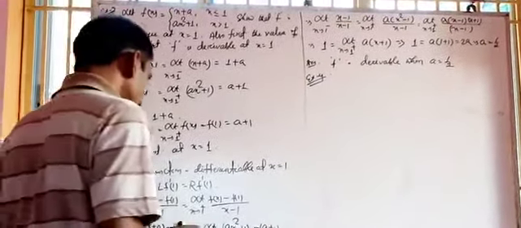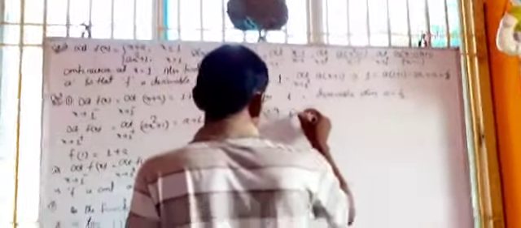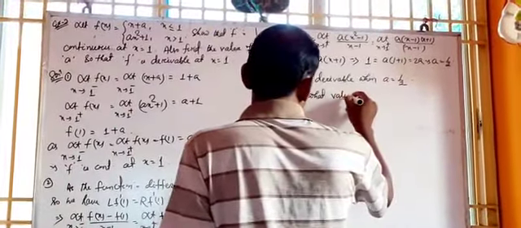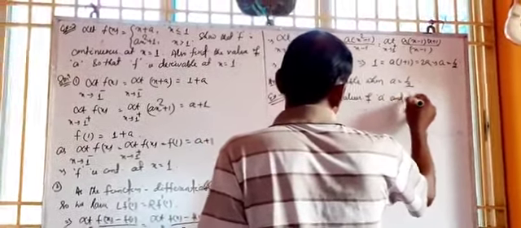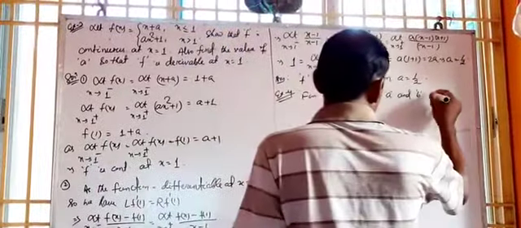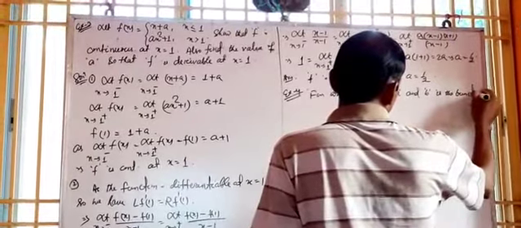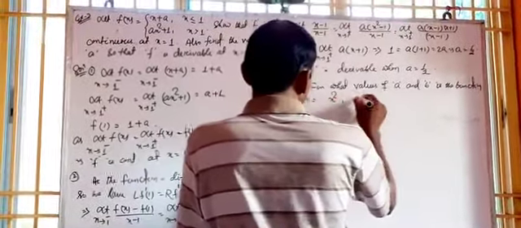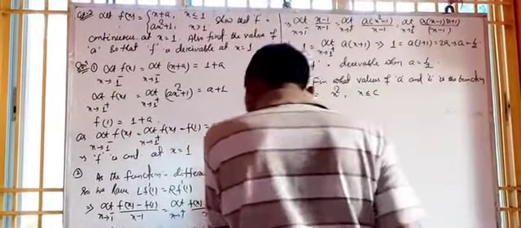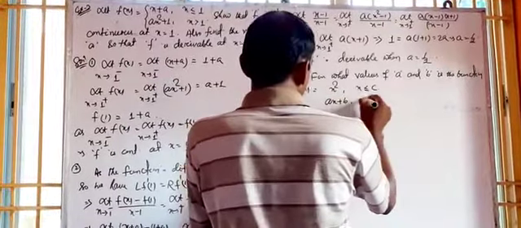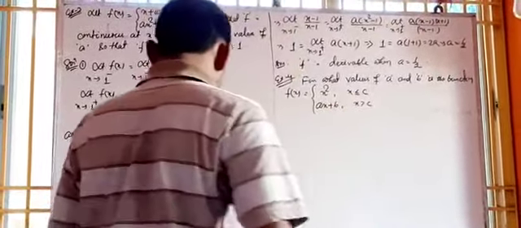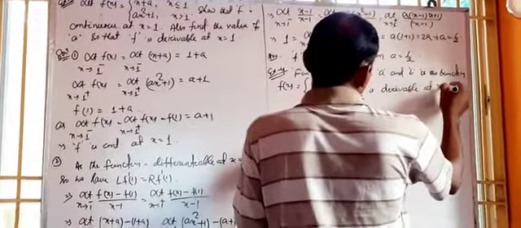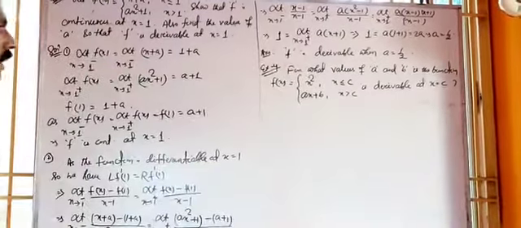Fourth example. There you write: for what values of a and b is the function f of x equal to x square when x is less than or equal to c, and ax plus b if x is greater than c, derivable at x equal to c.